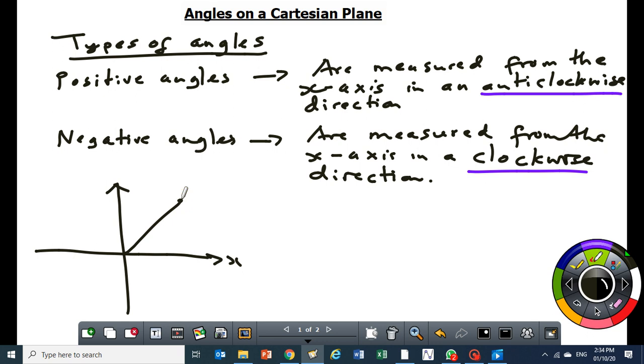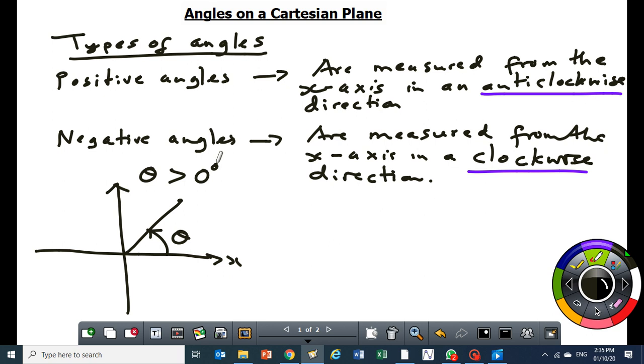It's a line drawn from the origin on a Cartesian plane. So if theta is like that, it's measured from the x-axis and the direction is anti-clockwise, then theta is going to be positive. So here, theta is going to be greater than 0. Okay, I'll put 0 degrees here. Okay, so that's the positive case.